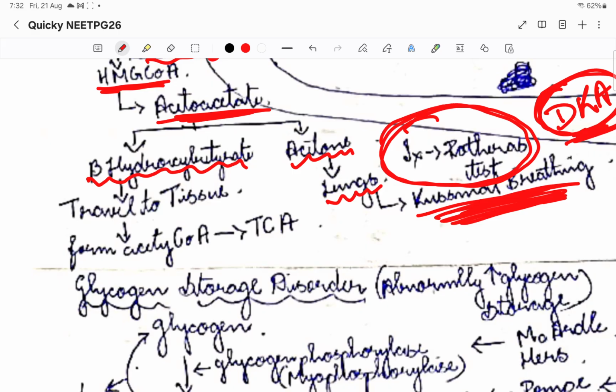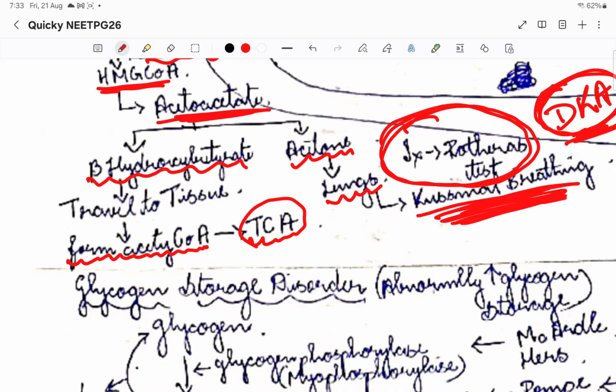Then I was discussing, right? How will the body meet its energy requirement through ketogenesis? Beta hydroxybutyrate will travel to tissues. It will convert into acetyl CoA again after traveling to the tissues, and there it will undergo the TCA cycle. In other tissues, the TCA cycle can occur, because there the oxaloacetate is there. Where did the oxaloacetate come from?